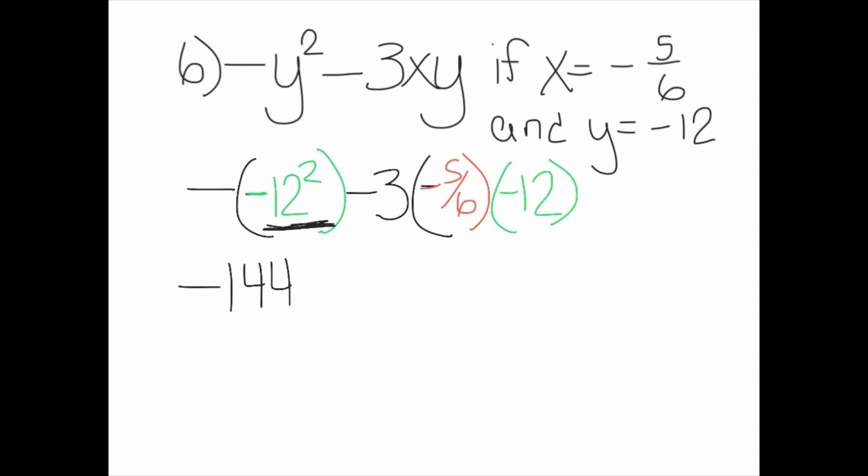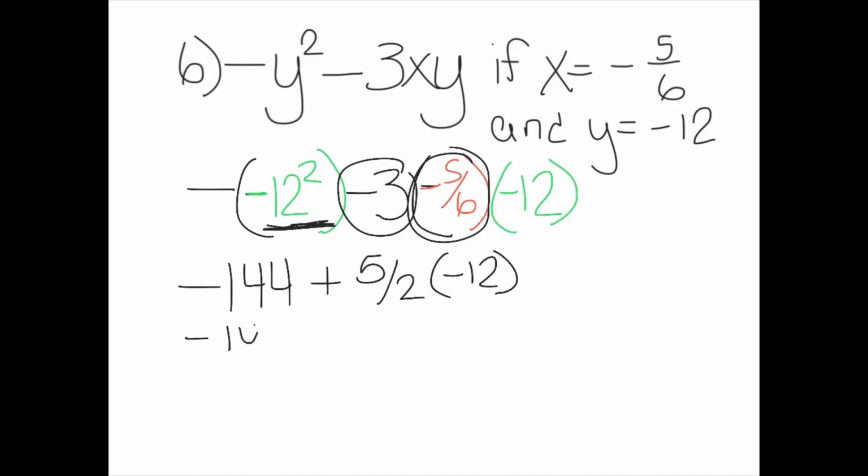Order of operations: multiply left to right. Negative 3 times negative 5/6 is positive 5 over 2. We multiply that with negative 12.